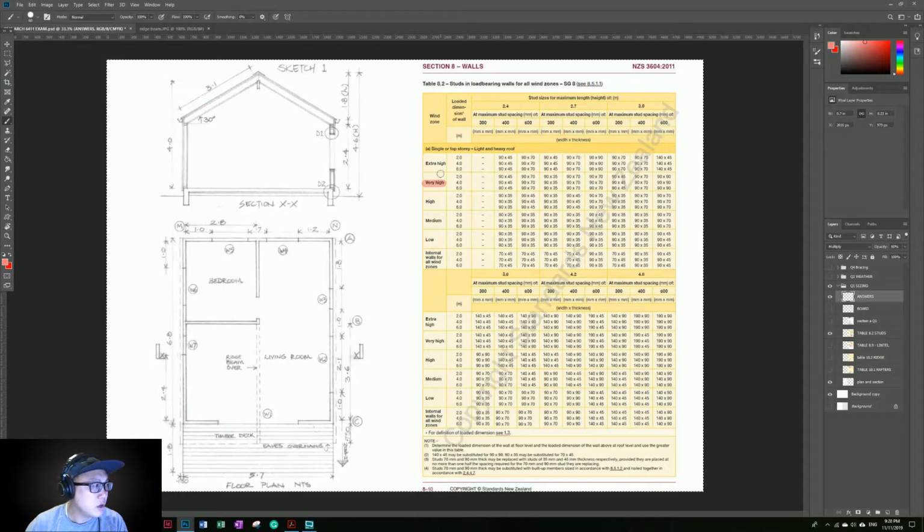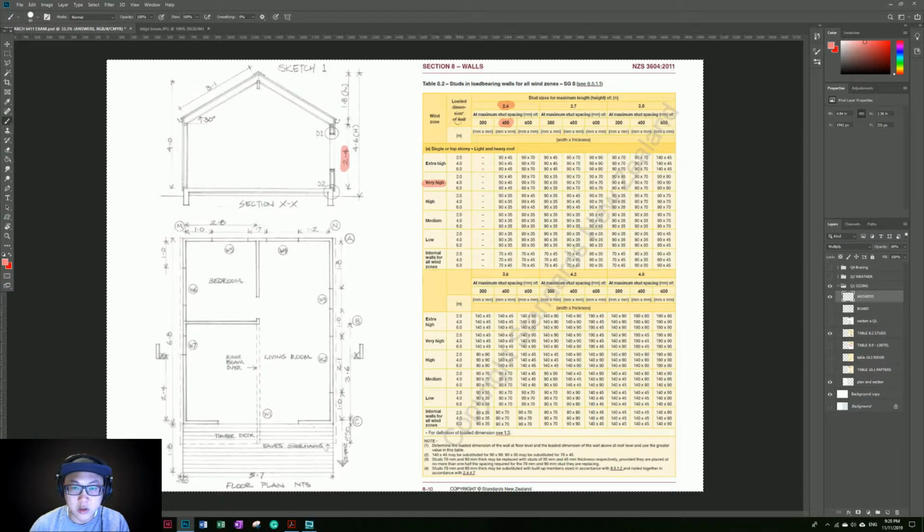Is it very high? Yeah, very high wind zone. And then we know that that wall is the same as this wall here, and that's the value 2.4. So it's around there. And they ask us at 400 centers, so it's this, and so we know it's going to be in that column.